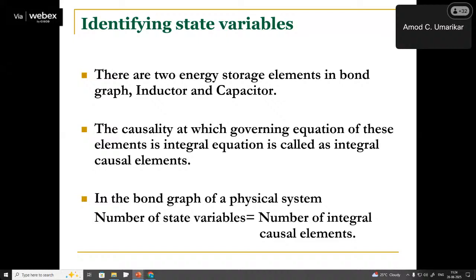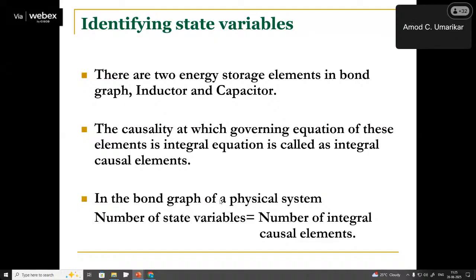It is also an energy element, and causality should be integral causality. I hope you will be able to correlate with the state equations. Are you? Yes, sir. So there also we use integral causal.